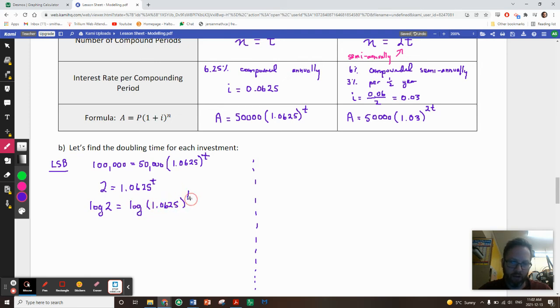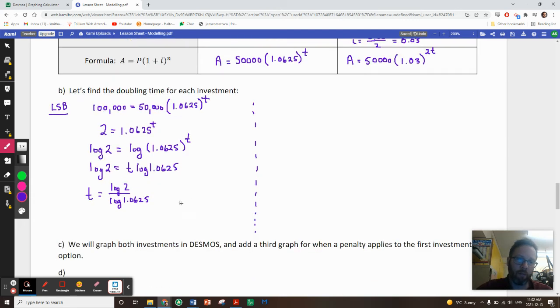I'll take it slow and show this extra step. If you're already comfortable and you know that when you take the log of the right-hand side the t is going to come down, I'm okay with doing that in one step. I'm just showing that I'm applying our rule. Then we can get t by itself. t equals log 2 divided by log 1.0625.